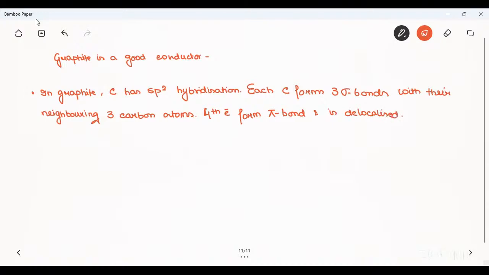Due to the presence of this moving electron, or free electron, graphite acts as a good conductor.